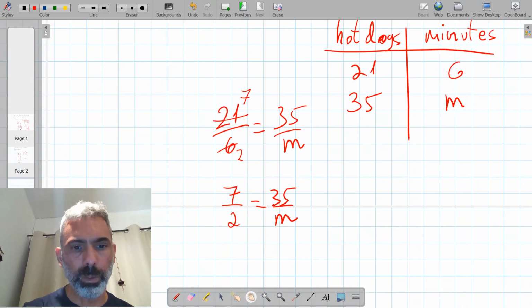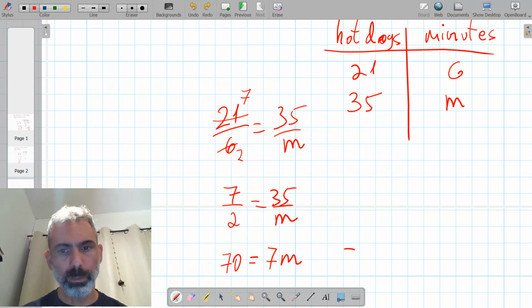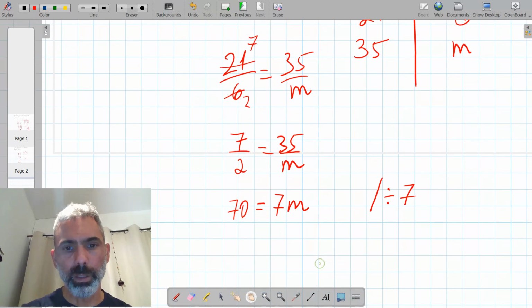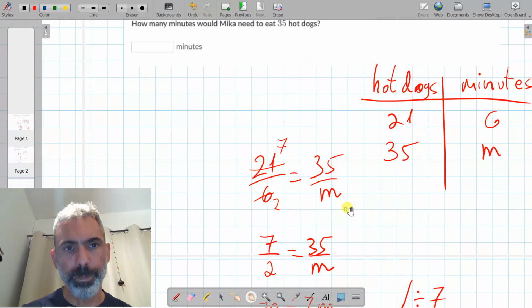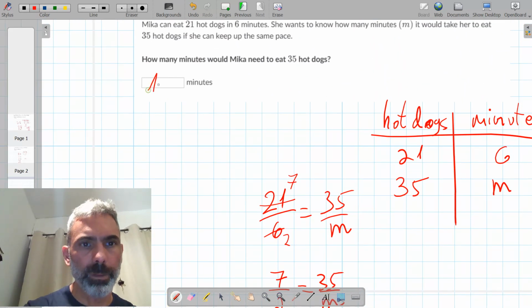And now I cross multiply. 2 times 35 is 70 equals 7M. I divide both sides of the equation by 7 to isolate the M. So 10 equals M. 10 minutes.